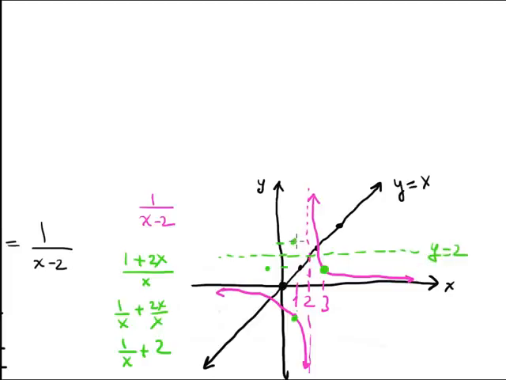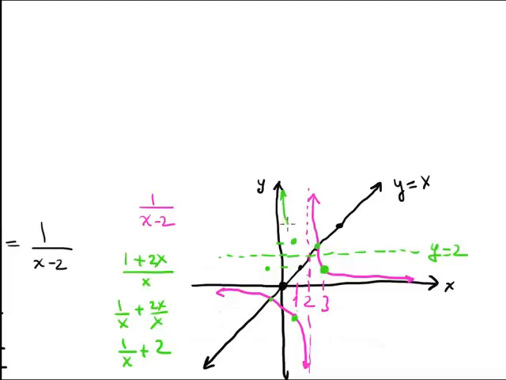This is symmetric. This point is the same, and this point is the same, and we have one horizontal asymptote and one vertical asymptote at 0.